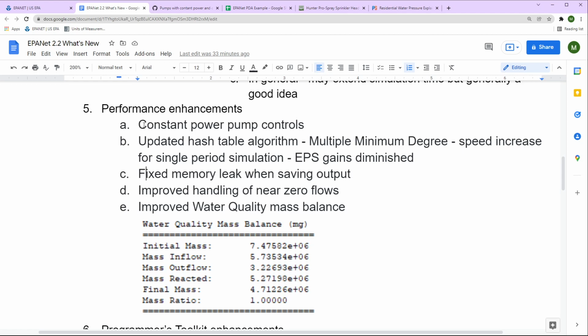If you do set some simple controls on that, though, when you close a constant power pump and then reopen it with a control, the flow doesn't come back up immediately in EPANet 2.0. So supposedly they've fixed that.